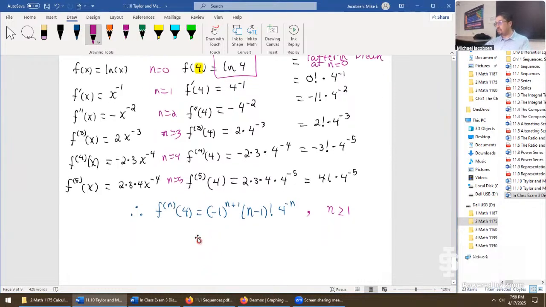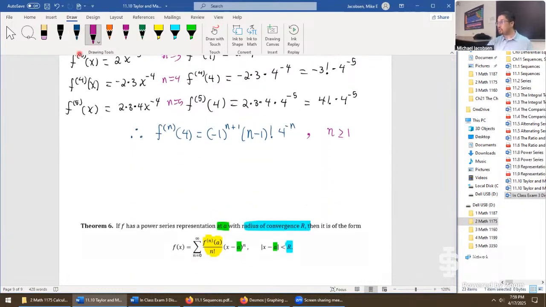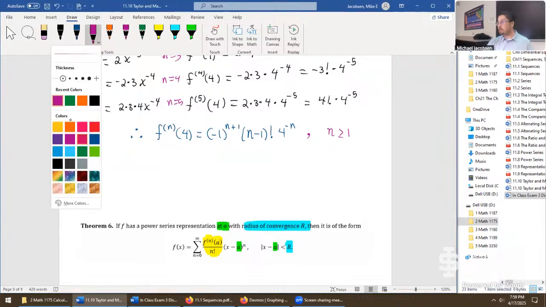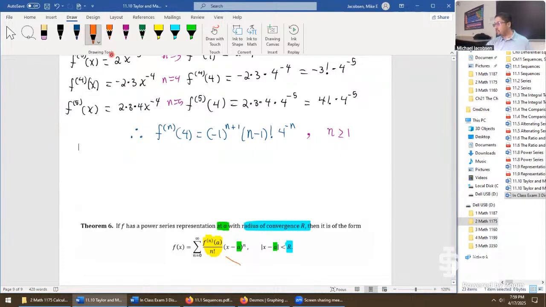But if we can get here, our job is nearly done because all we have to do is say, what is the coefficients, Cn? We have the numerator, we just need the denominator. So we can rewrite this by saying Cn is nth order derivative at the center 4, divided by n factorial.